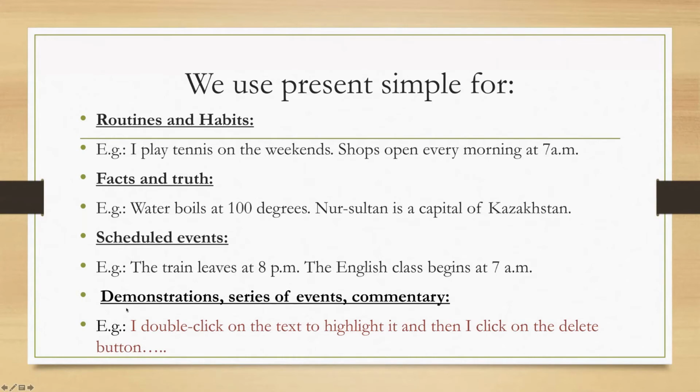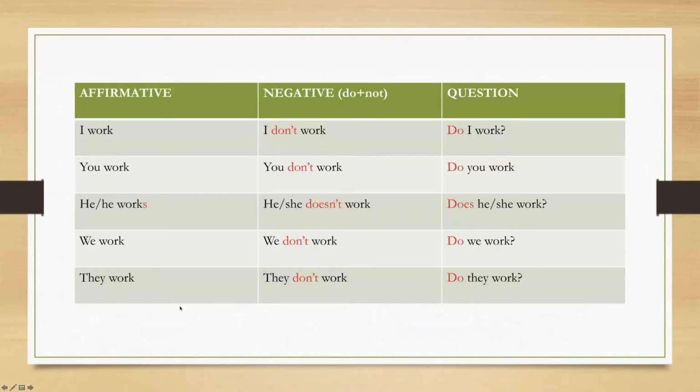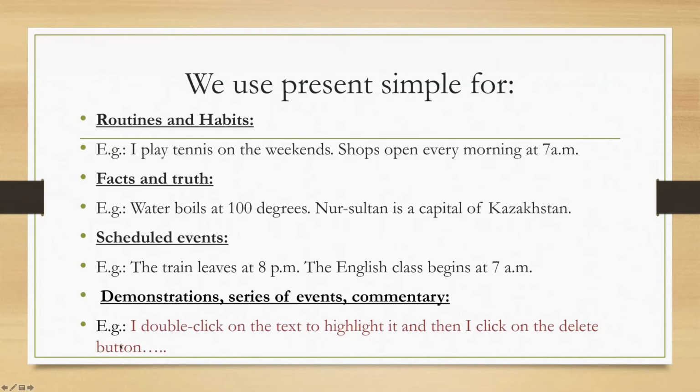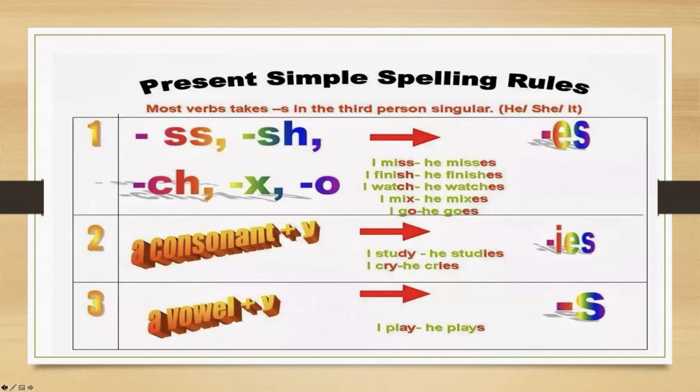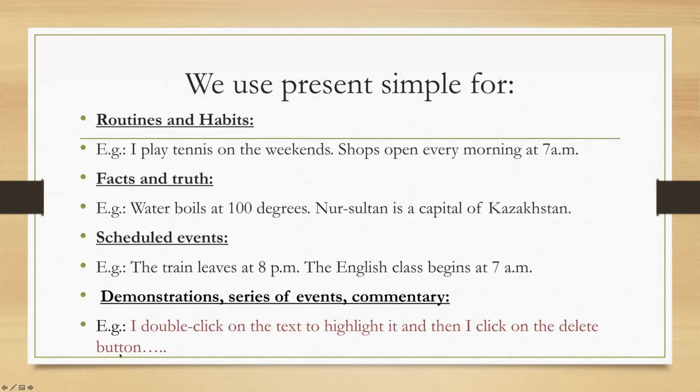Or the last one, demonstrations, series of events, or commentary. For example, imagine that you broke your computer in the office and you ask for help, and you're explaining your actions like this.